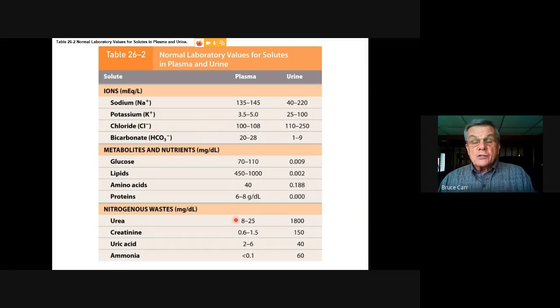But nitrogenous wastes, these levels in the blood plasma are ranges considered acceptable, and look at the efficiency of the kidney in eliminating urea, up to 1,800 milligrams per deciliter, or 1.8 grams of urea per 100 mLs. Likewise, creatinine, uric acid, and ammonia, which are present in much lower trace amounts, can be concentrated in urine to rid the body of excess nitrogen.